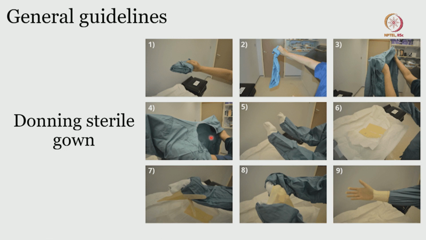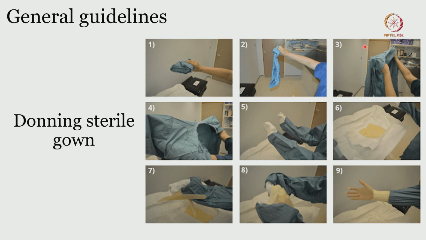So you are coming out from the hand scrubbing area, wipe it clean and your hands are dry, and this is how you hold it. You are holding it such that the inner surface is in contact with your hand. Once you hold that, you drop it so that the gown opens up completely. While you get more and more inner surface for handling, you need to find the sleeves, which usually open up when you drop it that way.